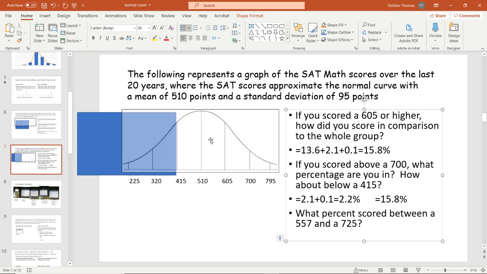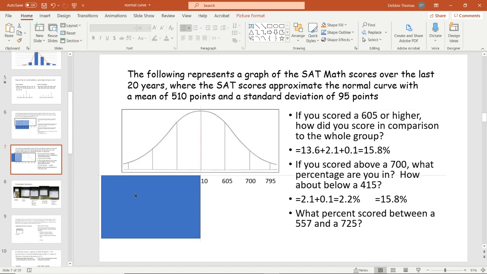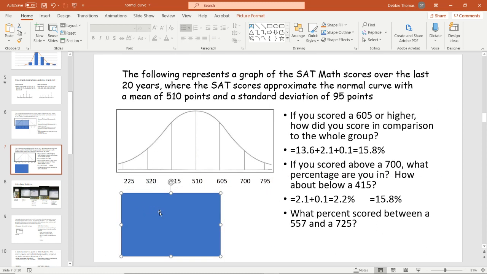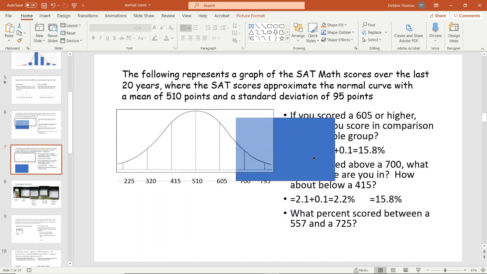Wording is subjective. As you can start to see, higher, lower, above, below, those are kind of keywords that you need to be paying attention to as you do it. And then when you go to phrase your answers, you want to make sure you're reflecting the same wording. So notice I would say here, I'm in the top 15.8% since I'm talking about this, right?